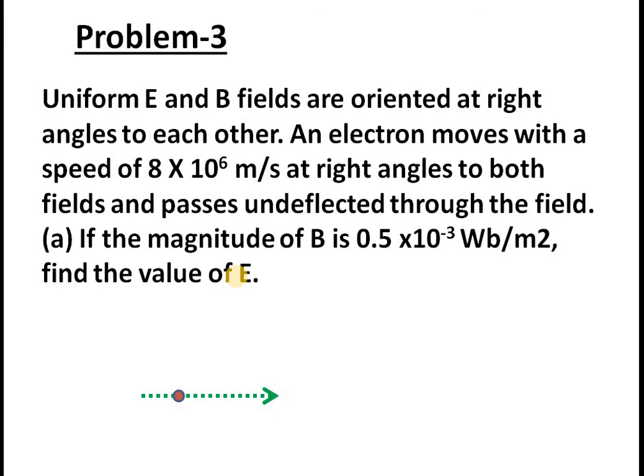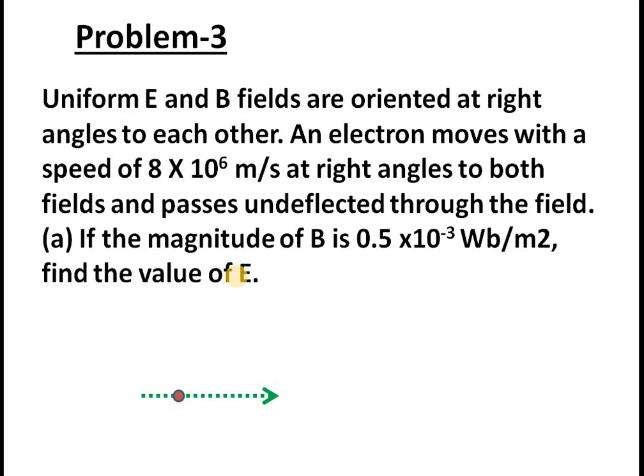Here again you have the idea that E and B are perpendicular, and the force produced by the electric field is E times Q, and the force produced by the magnetic field is QVB. So you can equate them. Anyway, show the direction of the magnetic force and electric force, then the problem becomes more beautiful and carries more physics.